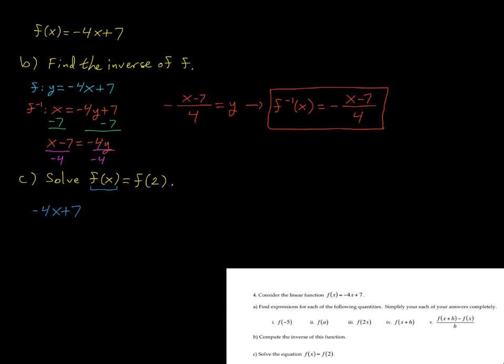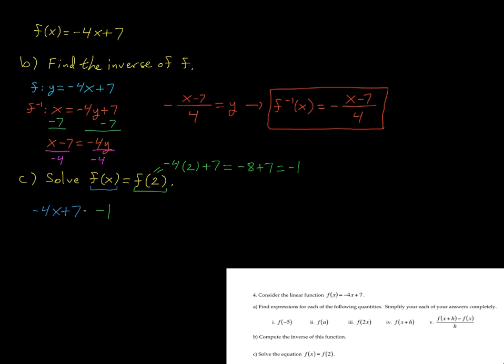And then on the right, I have f of 2, which I can compute by just plugging 2 in for x into the rule for f. That's going to be -4 times 2 plus 7. -4 times 2 is -8, and then I'm adding 7, so that's going to give us -1. So for this equation, I'm going to replace f of 2 on the right side with -1.